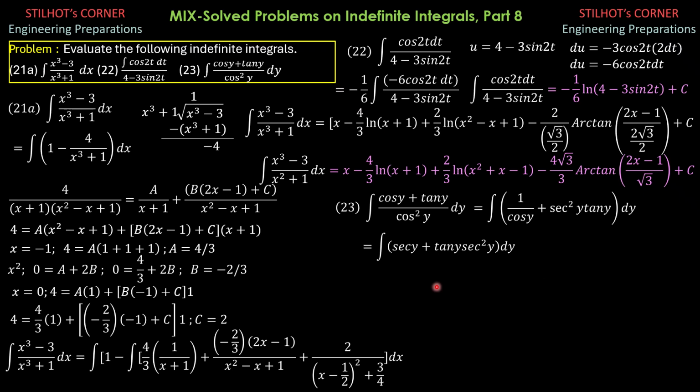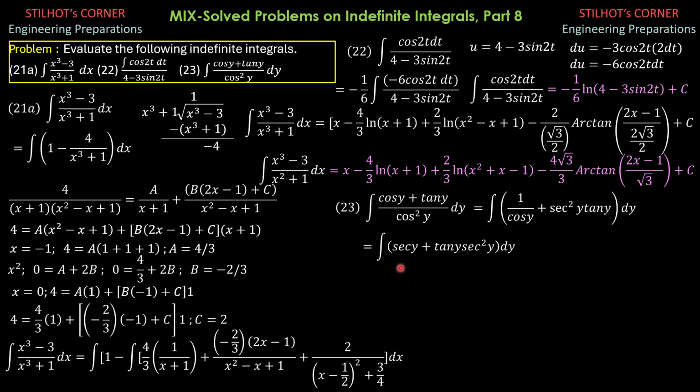So there is a direct formula for the integral of secant y, which is ln of quantity secant y plus tangent y. This second term is in the form tangent y secant squared y dy, so that's u equals tangent y. The differential of tangent y is secant squared y dy. So this is in the form u du. The integral is u squared over 2, of course.